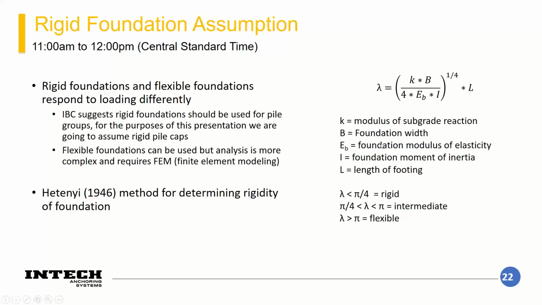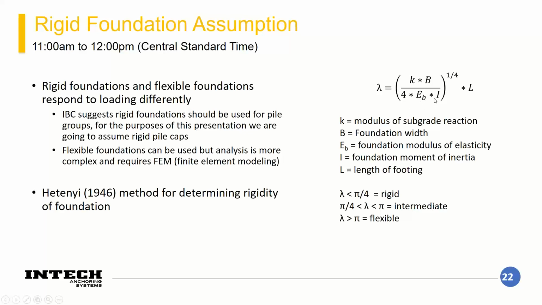So what I have shown here is the Hetényi method for determining the rigidity of the foundation, and basically the critical things here are the foundation size, so the width of your foundation, the modulus of subgrade reaction, so how that soil is going to respond whenever you load it, and then the modulus of elasticity, so the stiffness of your foundation itself.